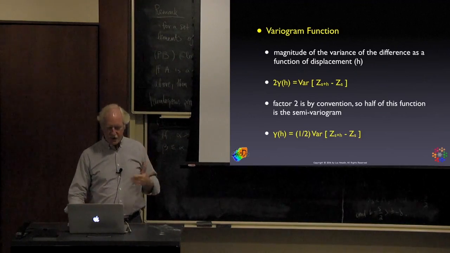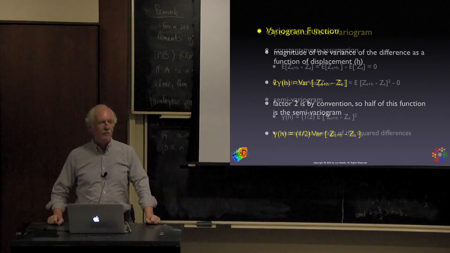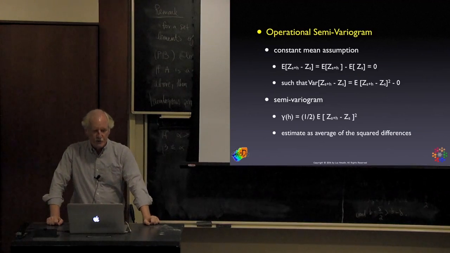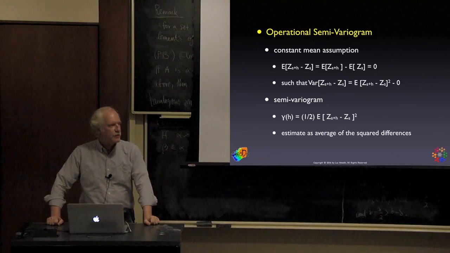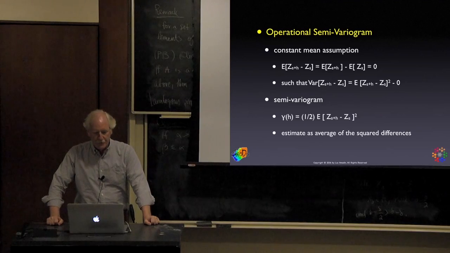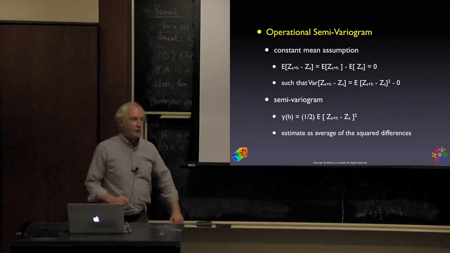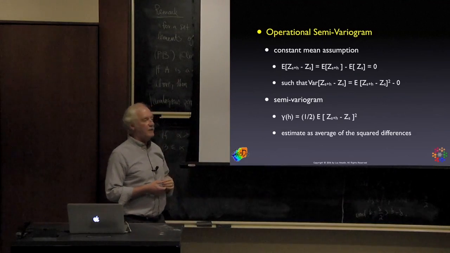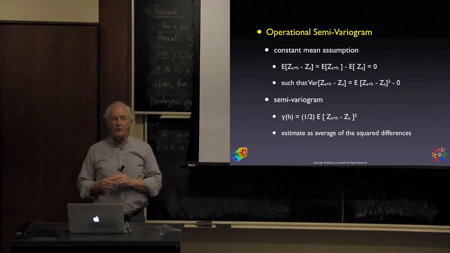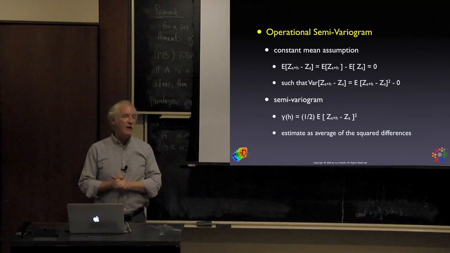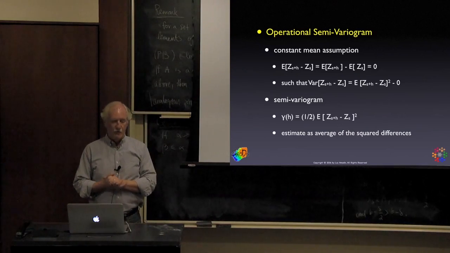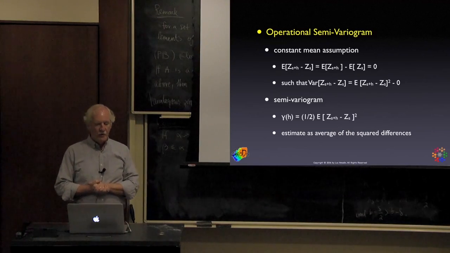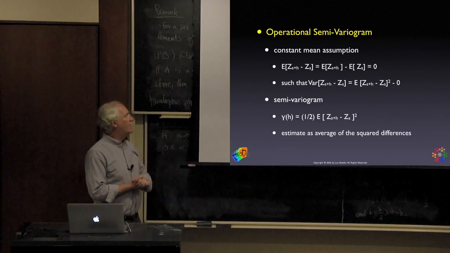So what is this thing actually, if we look at it a little more operationally? First of all, as we already said, we have this constant mean assumption. So if we look at the expected value, on average, what is the difference between these two random variables? Since their expected values are the same, the difference is 0. And then we go back to the fundamental equation of what is a variance.